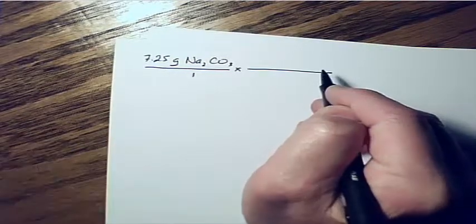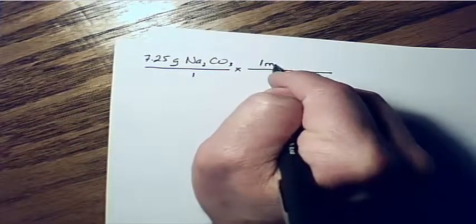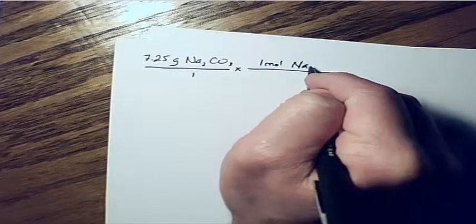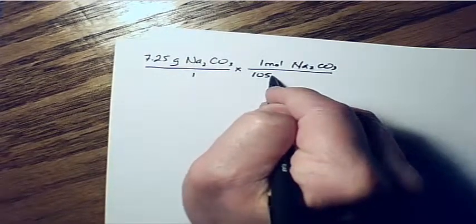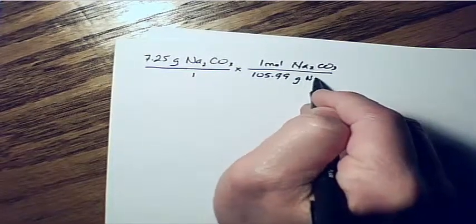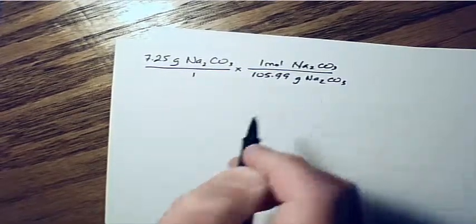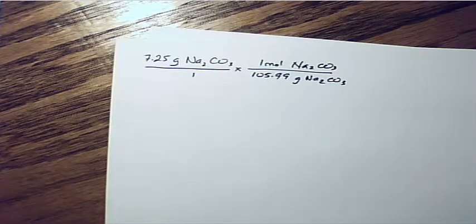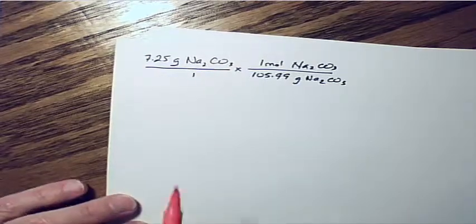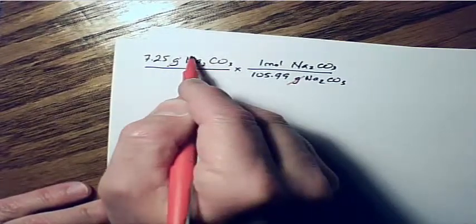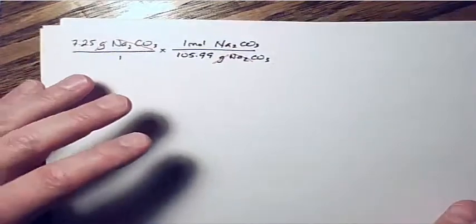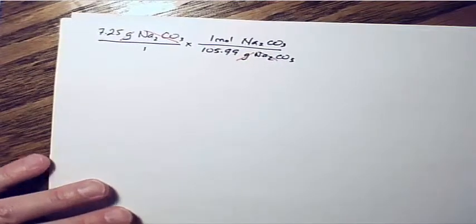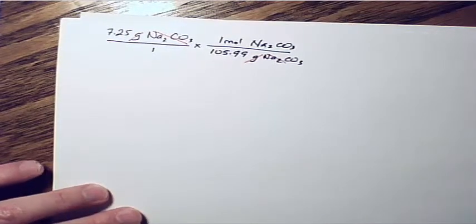So 1 mole Na2CO3 and 105.99 grams of Na2CO3 on the bottom here. Cancel as you go. Guess what? We are in moles. We're in the outskirts of Moleville, guys.